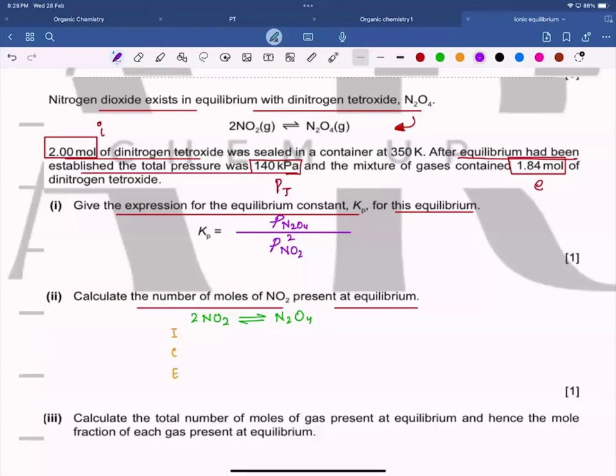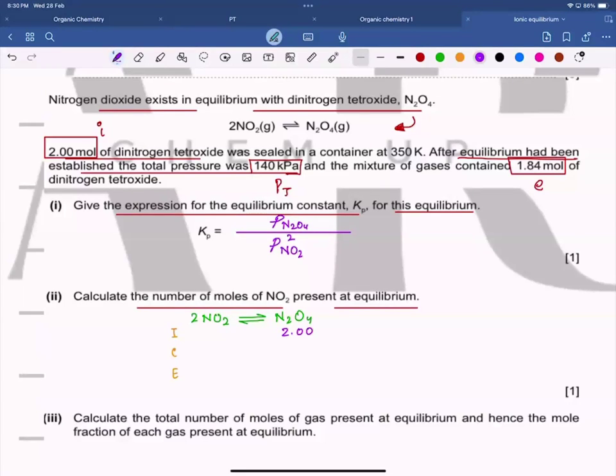Sir, 2.00. 2.00, and of which substance? Dinitrogen tetraoxide or nitrogen dioxide? Is it a reactant or a product? Product. It's a product, right? Yes, sir. So 2.00 initial moles.